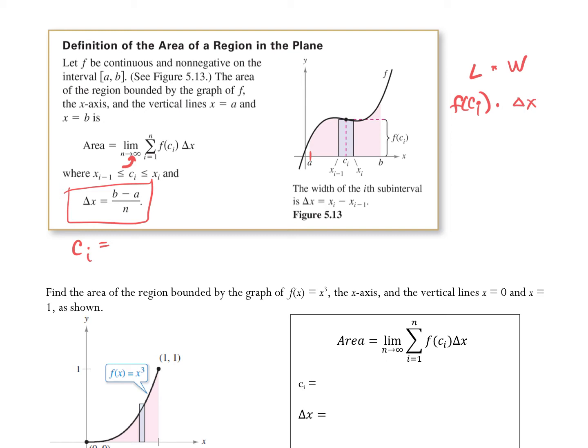And how many times to get to each rectangle? I times. So CI will always be a, whatever that initial value of my interval is, plus I times delta x. I'll let you guys look at that for a second. And then all we're going to do is take the limit as n approaches infinity, or take the limit as delta x approaches 0, same thing.